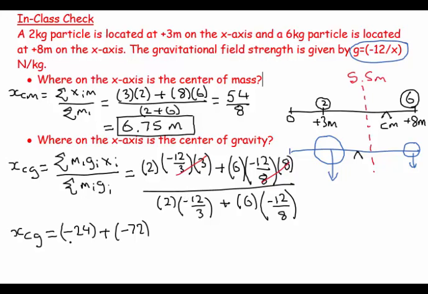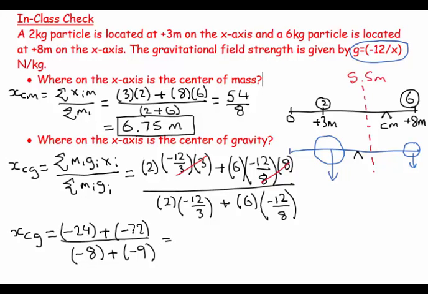Divided by, well, 3 goes into 12 4 times, that's minus 8. And 8 goes into 12 1.5 times, so that's going to be minus 9.